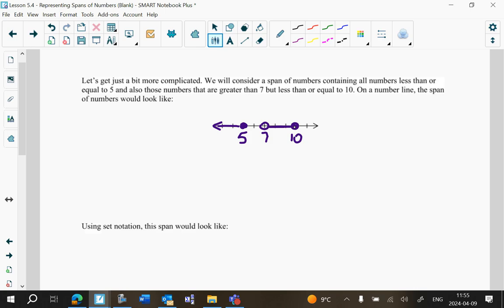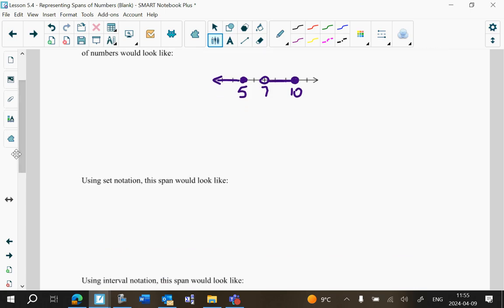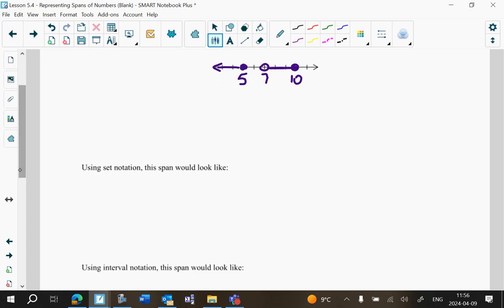Using set notation, we do each one separately and then connect it using a certain word, which I'll talk about in a second. So how would I write everything less than 5? Sorry, everything less than or equal to 5.